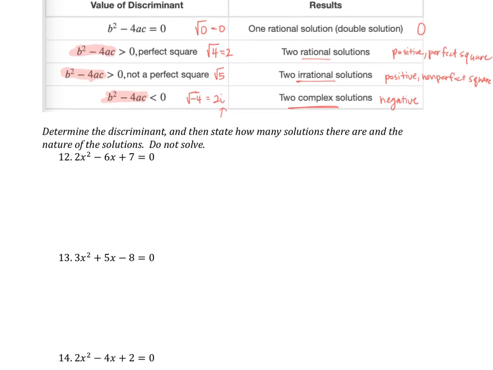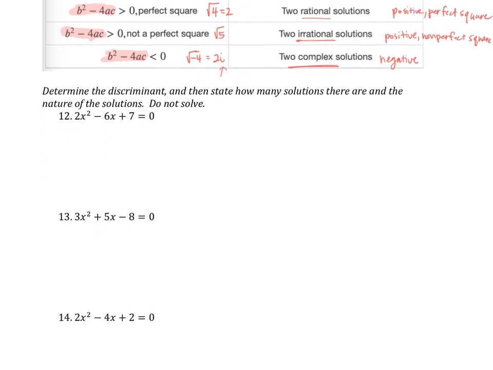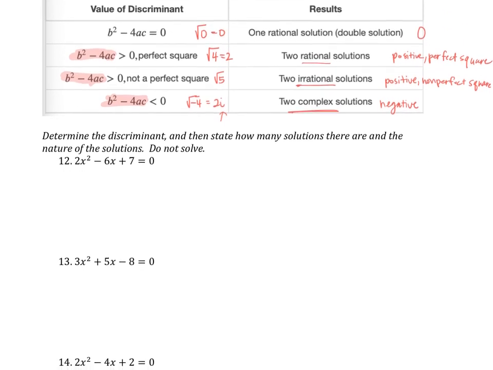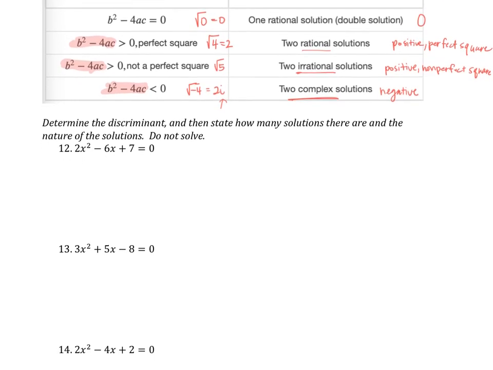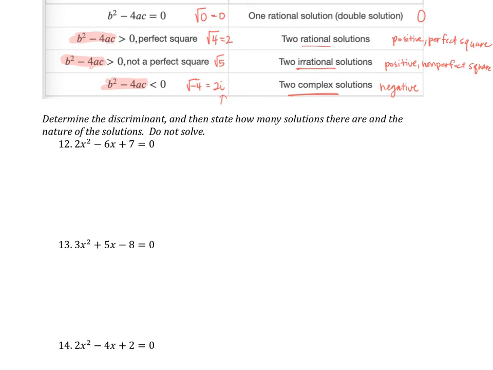Okay, so let's do some examples just to make sure we understand what's going on here. Let me leave this chart in view for at least the first couple. All we want to do is use the discriminant, which is b squared minus 4ac. Just like with the quadratic formula, a is 2, b is -6, and c is 7.